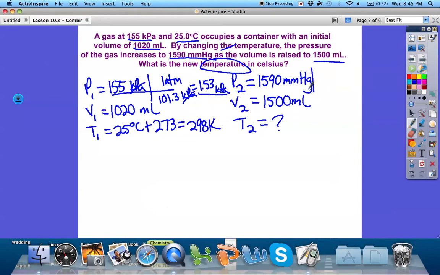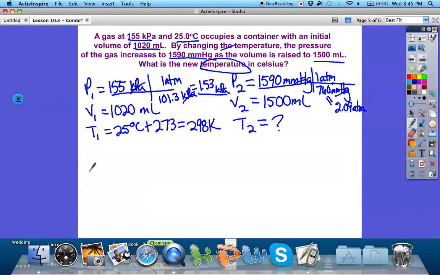And then for millimeters of mercury, 1 ATM is equal to 760 millimeters of mercury. So 1,590 divided by 760 is going to give us 2.09 ATM.